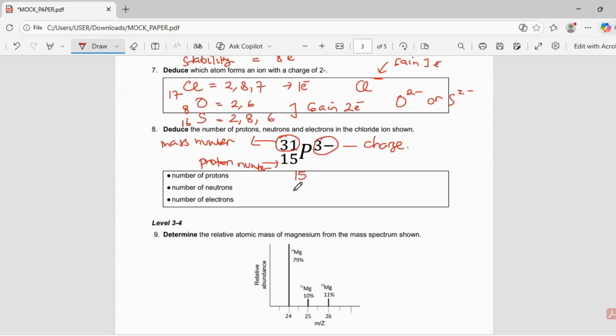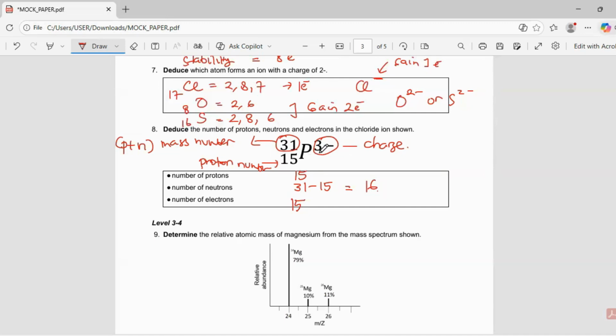The number of neutrons will be 31 minus 15. Why? Because mass number is proton plus neutron. So if you want to find neutron, just subtract. What is 31 minus 15? It is 16. And for the number of electrons, the original number is 15 because the proton number also tells you the number of electrons.